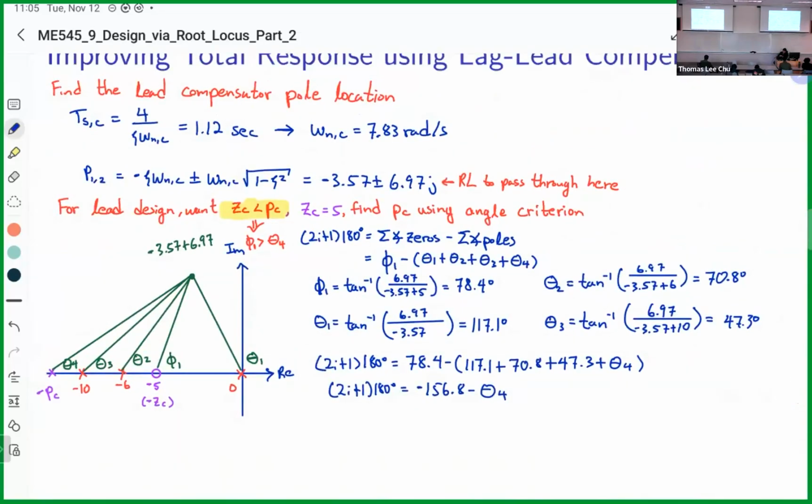So we're going to just manipulate this equation a little bit to make it a little bit easier to read. Just say theta 4 is equal to minus 156.8 minus 2i plus 1 multiplied by 180 degrees.